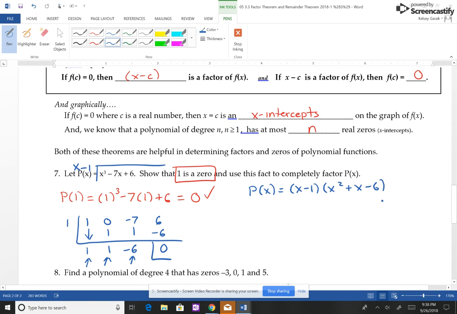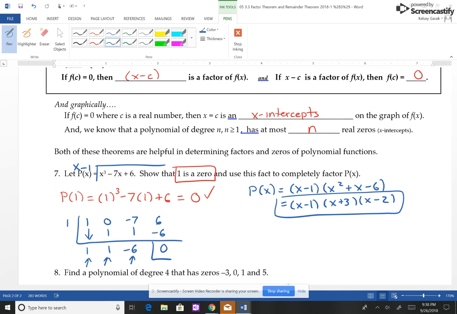So we started factoring, and now we can continue to factor x squared plus x minus 6, finding two numbers that multiply to negative 6 and add up to positive 1. So we know that's going to be 3, and we know that's going to be negative 2. So we just completely factored that polynomial.